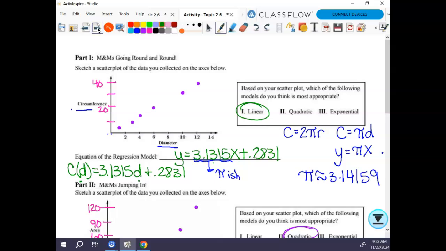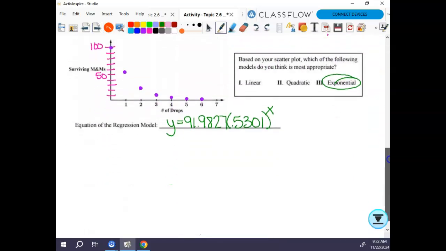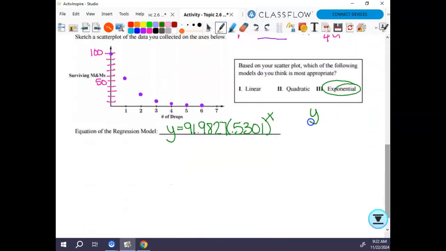So that means that if we have our y equals a times b to the x, then the b should be 1/2 in theoretical probability, right? If this was just in theory, this is what would happen. So that means in your equation this is your A part, this is your B part.